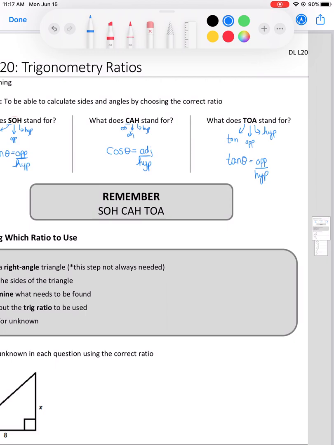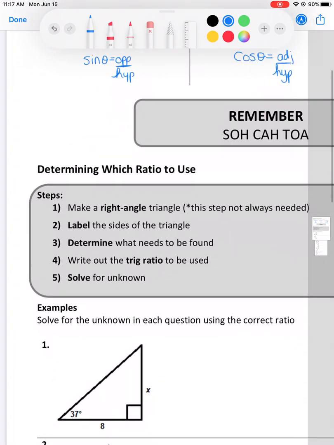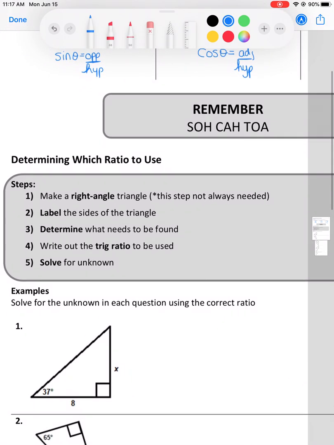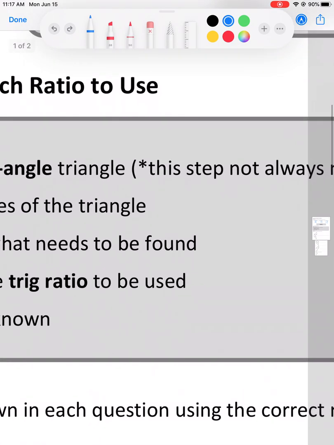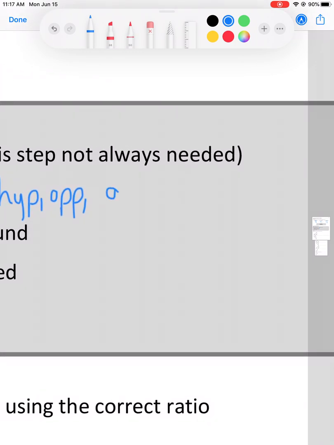So again, remember SOHCAHTOA. The steps when we solve for these: first we make the triangle. Sometimes it's not always needed, as you can see in this first question, the triangle's already there, so you don't need to do it again. Label the sides, so label the hypotenuse, the opposite, and the adjacent side.